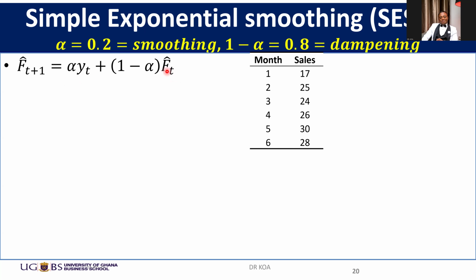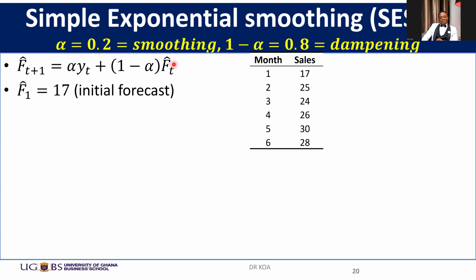So what do you think the first value is going to be? It means that the first forecast here is going to be the initial value. That is a standard that we tend to use for most studies or analytics in forecasting. It's going to be the very initial value.